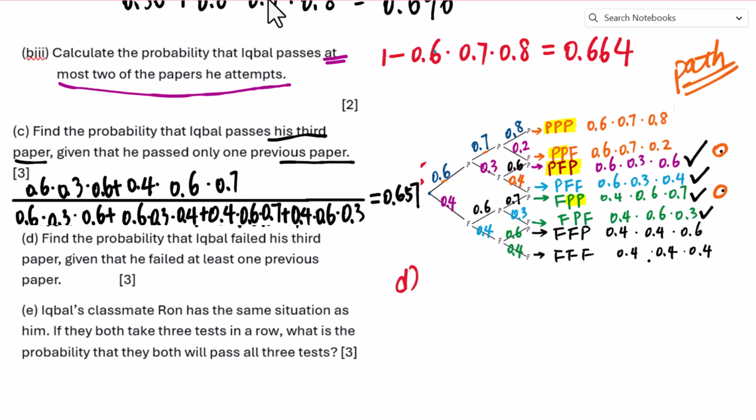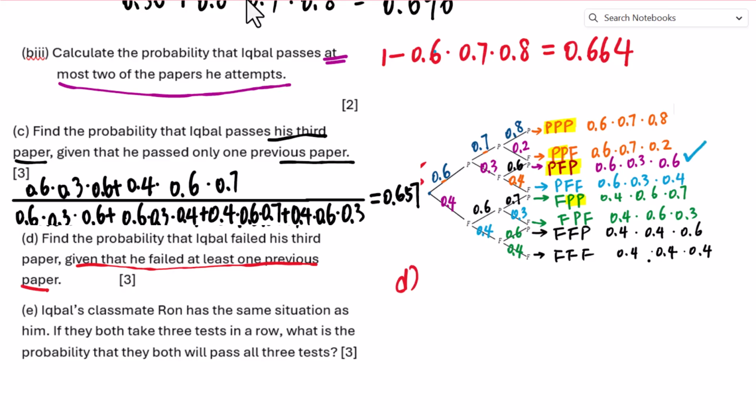Let's go to D. Find the probability that Iqbal failed his 3rd paper, given that he failed at least 1 previous paper. Given that he failed at least 1 previous paper, we only need to check the first 2 papers. Failed at least 1.